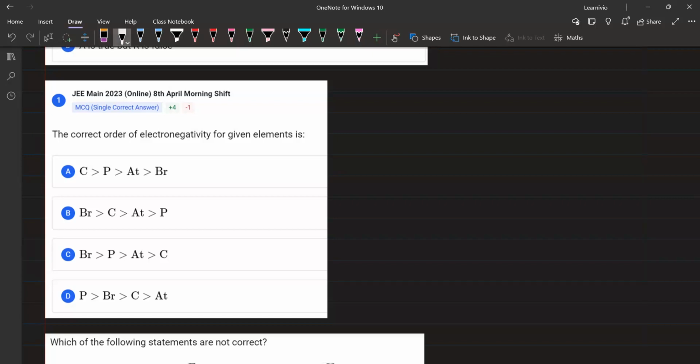Bromine cannot be the lowest. And bromine cannot be less than phosphorus either. From all of these, halogens are the most electronegative elements. I hope all of you know that. So you can at least cross these two. Now tell me about this one.